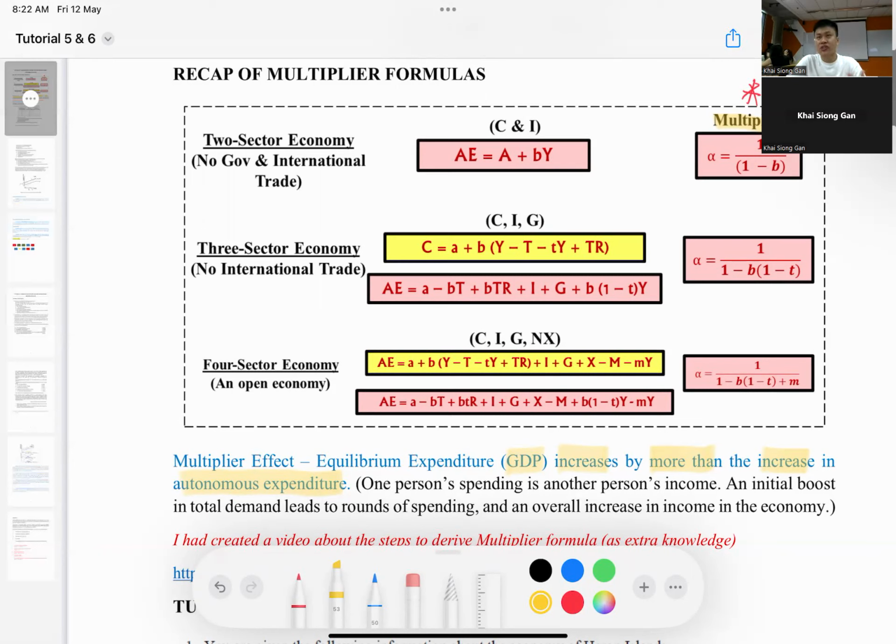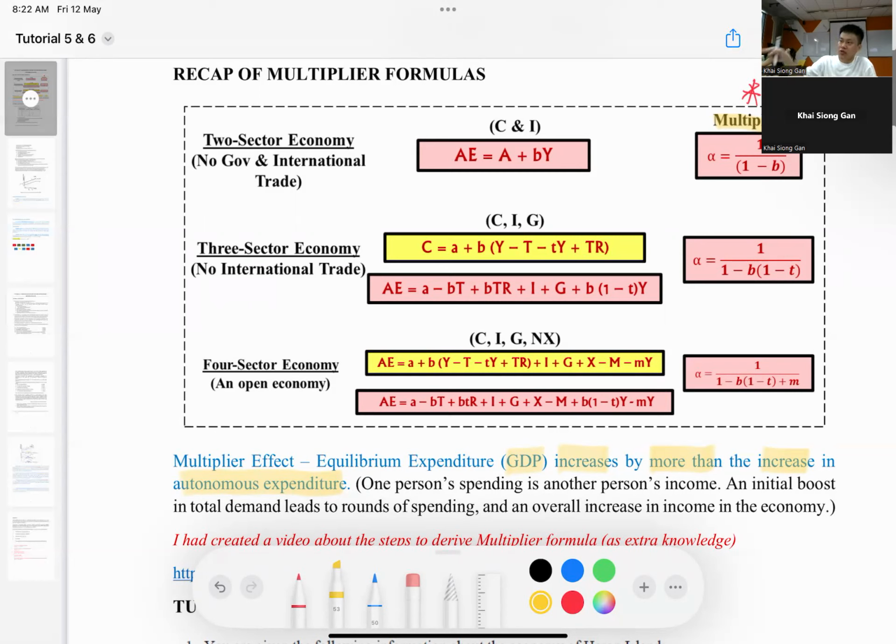Okay, why is that so? Very simple. Let's say someone pumps money into the economy, like the government. Once you get the money from the government, you have money to spend, right? When you spend, you buy goods and services from another person. For example, now I pay you to buy goods and services, so now you have the income.